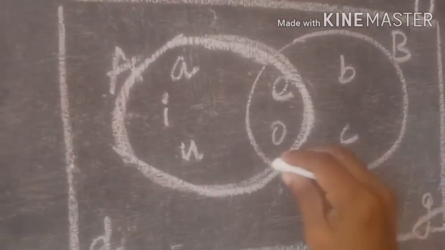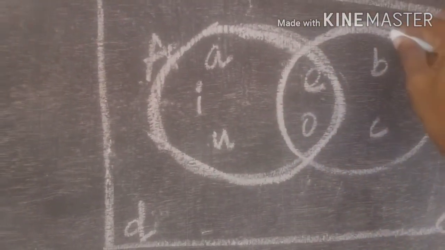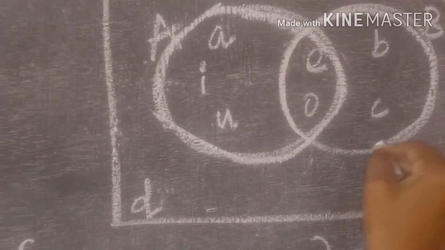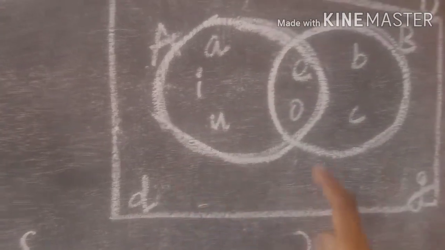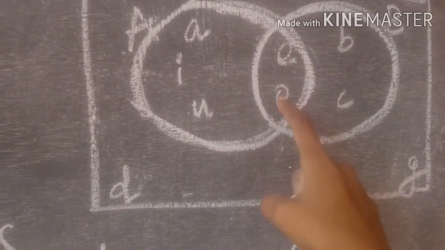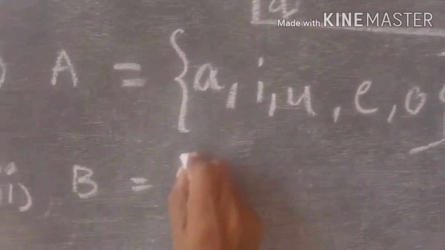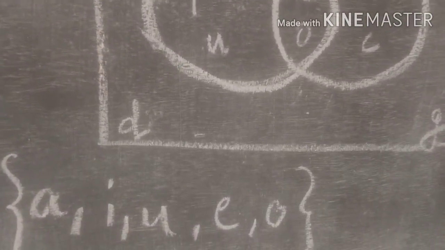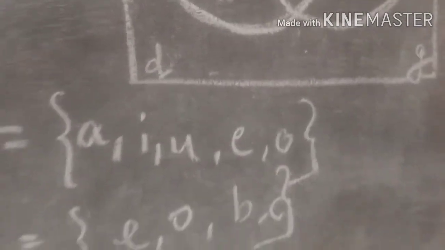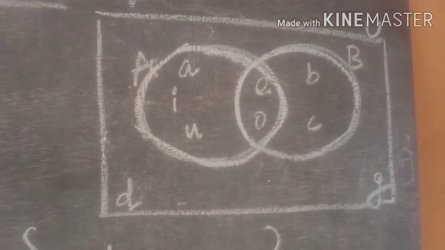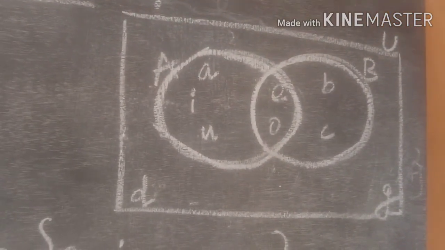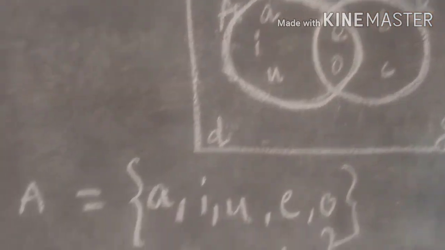So again you have to overwrite the set B. Okay? So what is the answer? E, O, B, C. So the answer of B is E, O, B, C. Okay, students? So how do we do it? Just overwrite the diagram and take the answer from that.